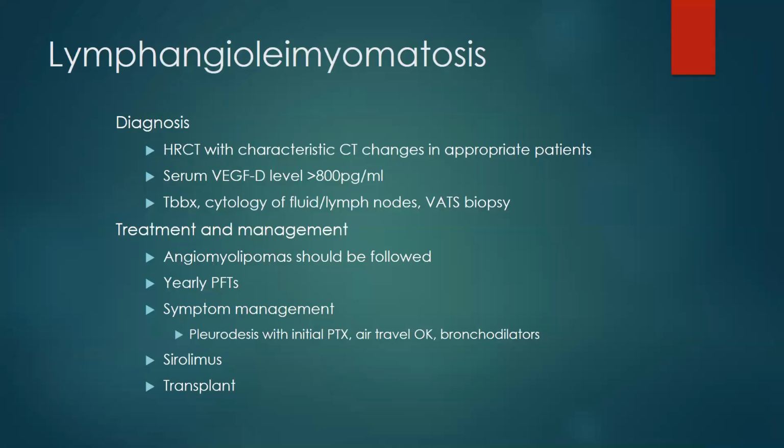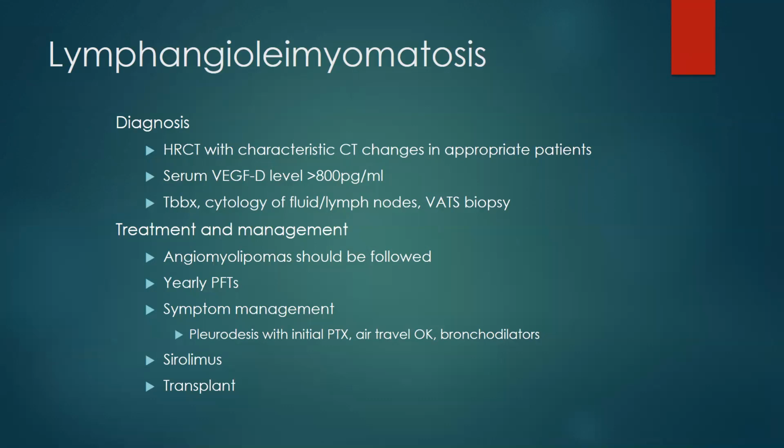So in terms of diagnosis, if you have someone with a high-res CT with the characteristic findings and a young female, that should point towards this diagnosis. Other things that can help are if they have angiomyolipoma or chylothoraces. Serum VEGF-D levels should be obtained, and if greater than 800, that also points towards this diagnosis, and it can also be used for treatment.